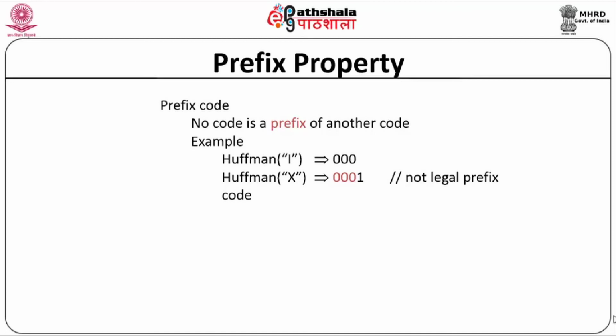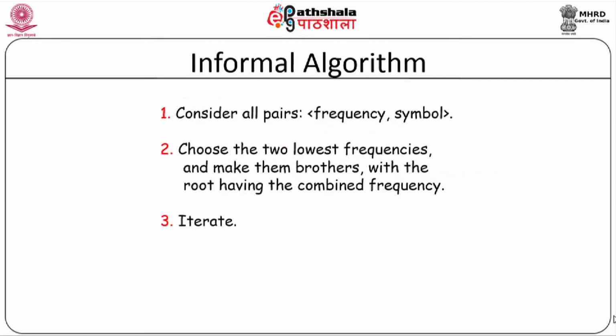For example, if 0 represents character A, and 0 1 represents, let us say, character B, then how will you interpret 0 0 1? This is where the problem comes. This leads to multiple ways of interpretation that may cause problems. Fortunately, the Huffman code satisfies this property. So, there is no confusion at all.